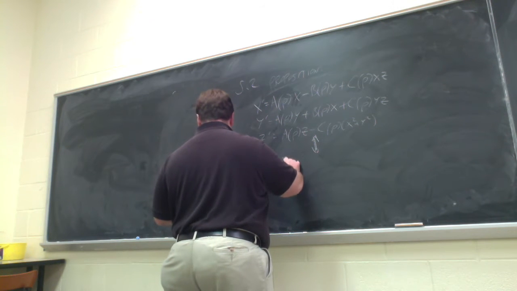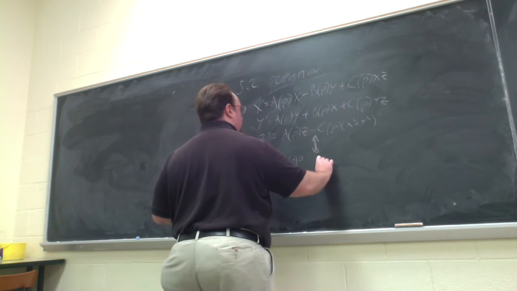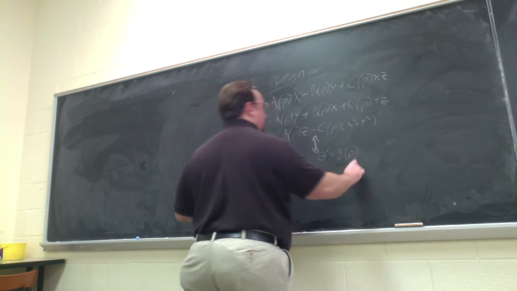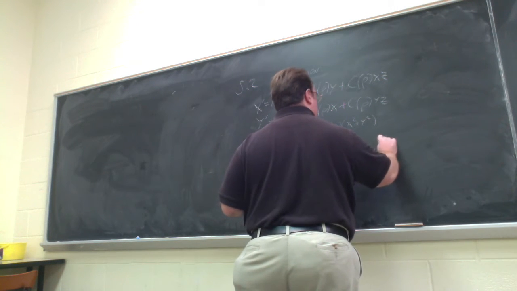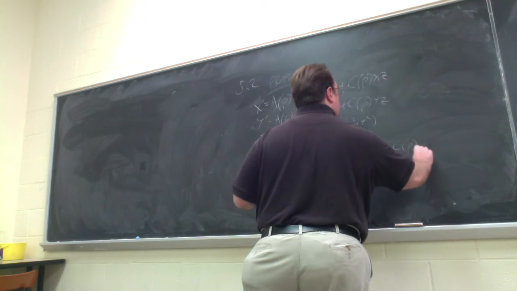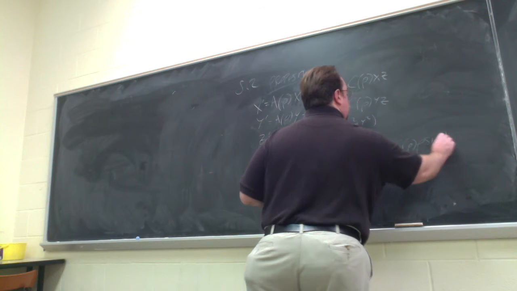Rho prime is a of rho. Theta prime is just b of rho. And phi prime is c of rho sine phi.